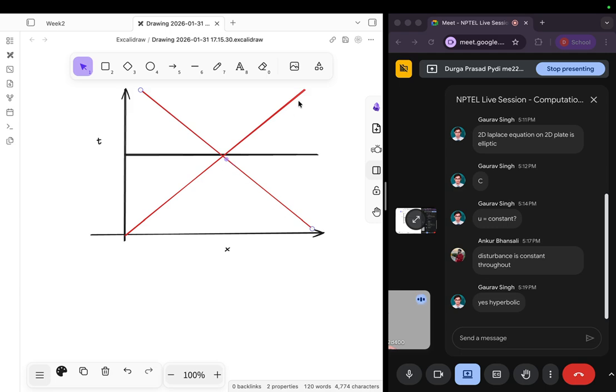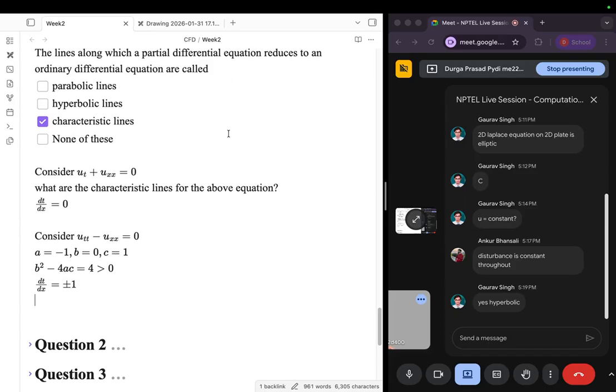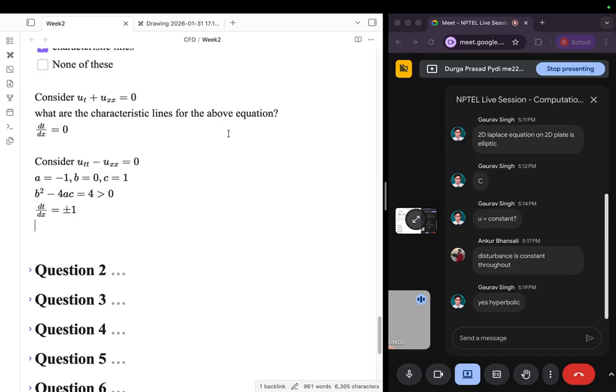It doesn't depend on any other one. These are kind of orthogonal in nature. So what that means is the PDE is actually reduced to an ordinary differential equation. So that is what this particular question tells us. If you go along a characteristic line, then the PDE actually reduces to an ODE. So you can say that change is dependent on only one variable instead of the other ones. I think the intuition is clear.